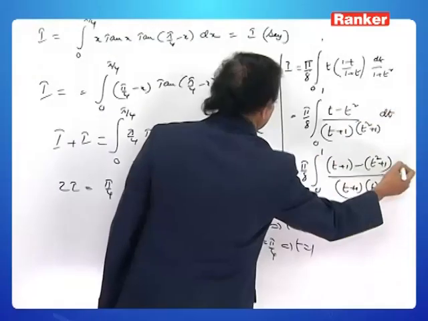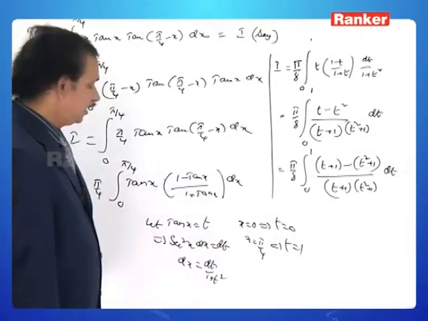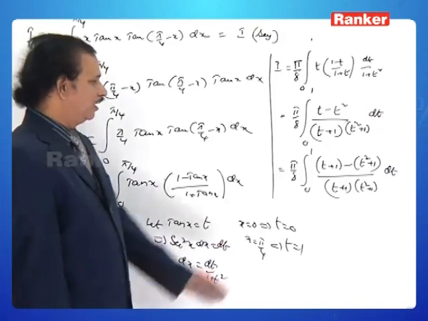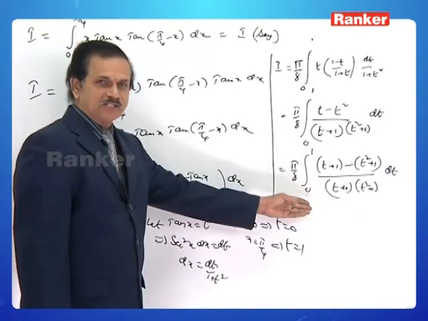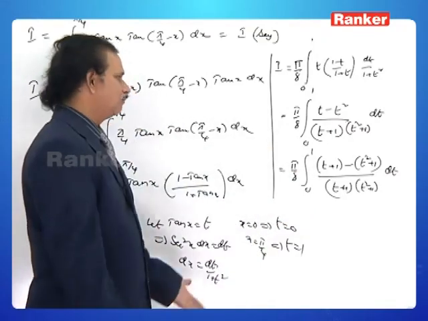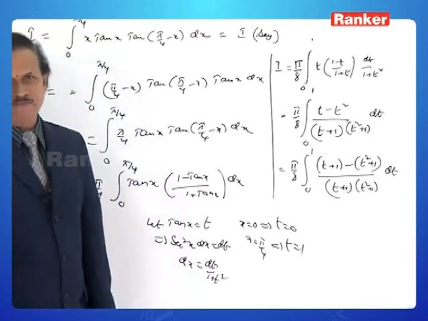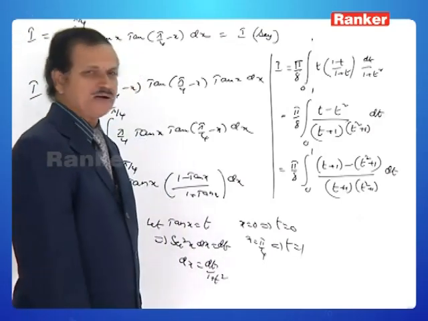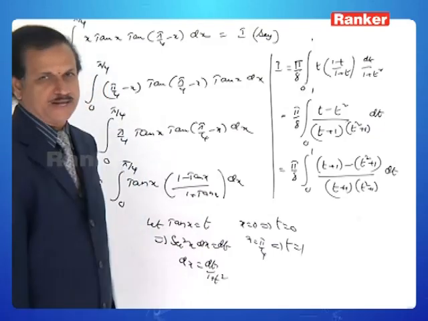Am I correct? The answer is before our eyes. It is visible: (t plus 1) by the denominator is 1 by (t square plus 1), and (t square plus 1) by the denominator is 1 by (t plus 1). Both the integrals are known. Between the limits 0 and 1, it is quite possible and very easy to get it.